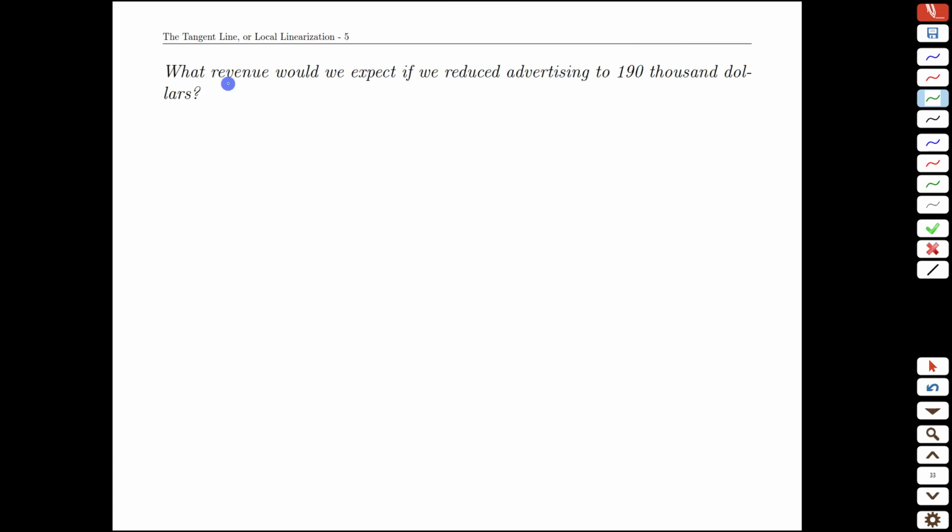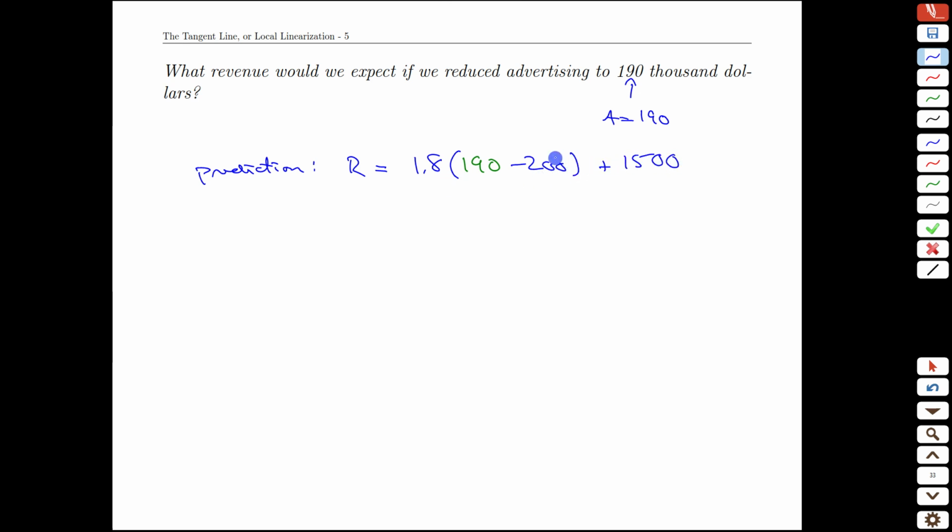The nice thing about this is we can actually predict revenue. So if we decreased our advertising to $190,000, we can predict what that's going to mean. Our prediction is that our R value is going to be equal to our slope. What we're putting in is the actual advertising we're going to spend with all the other ingredients relative to the 200,000 usual spend.